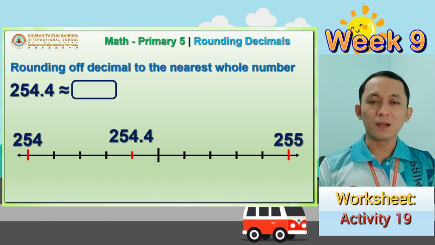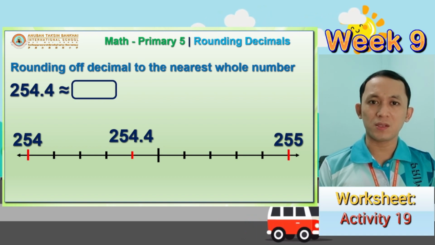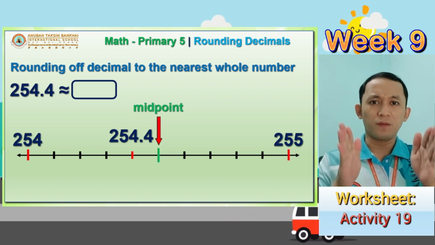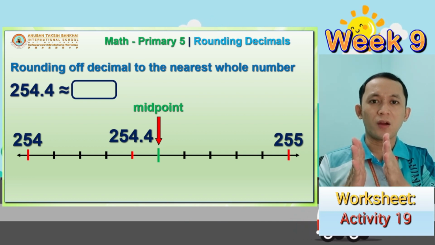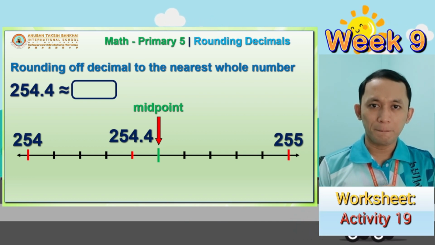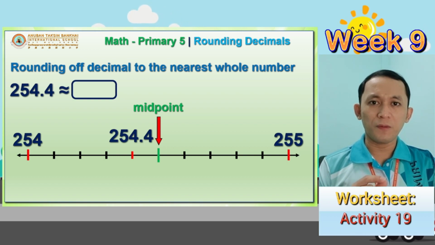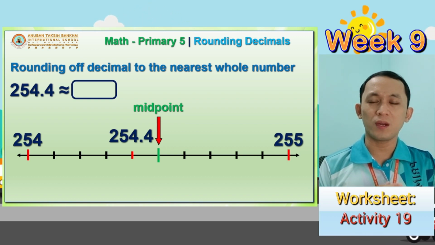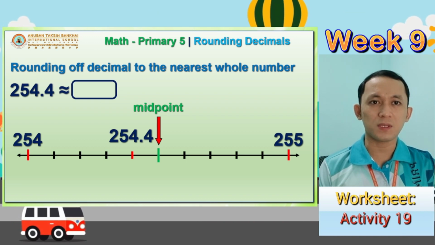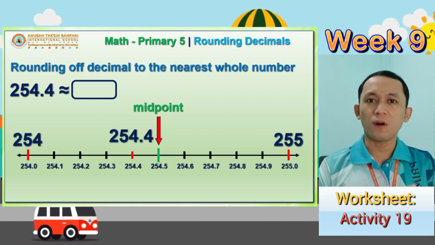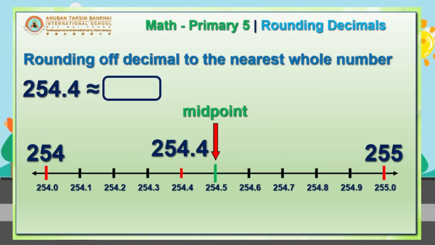Here in the middle, this is what we call the midpoint. Midpoint means the middle. So if this is the straight line, the middle is our midpoint. By the way, if you are confused, teacher, why did you write 254.4 in this position? We start from 254.0, 0.1, 0.2, 0.3, 0.4, 0.5, 0.6, 0.7, 0.8, 0.9, and then we have 255.